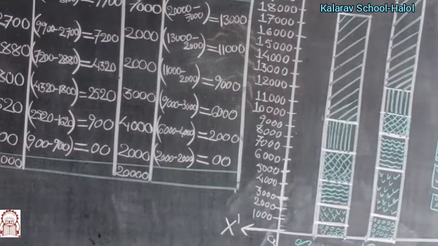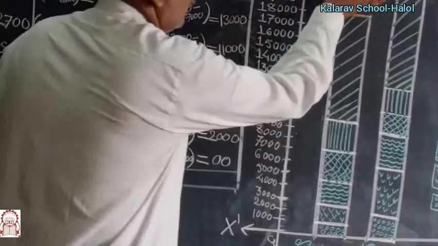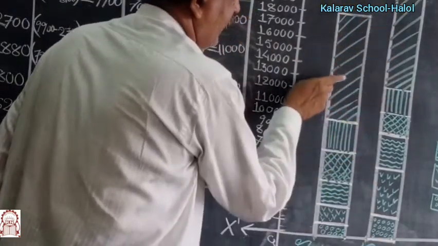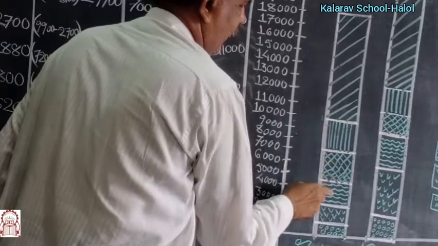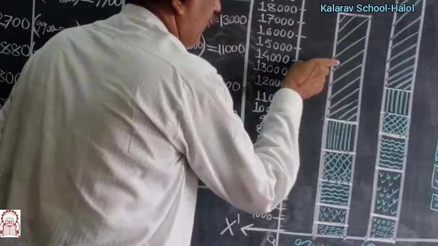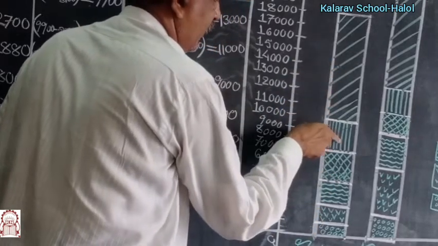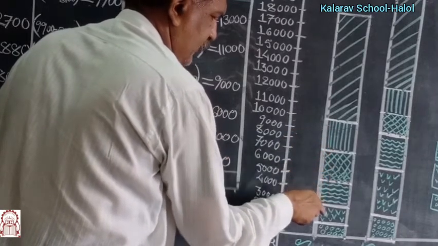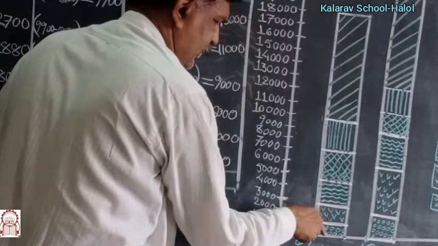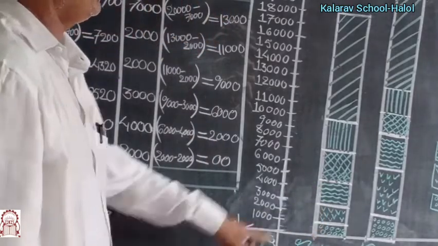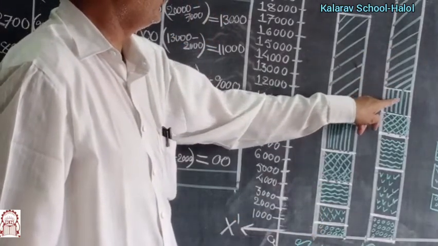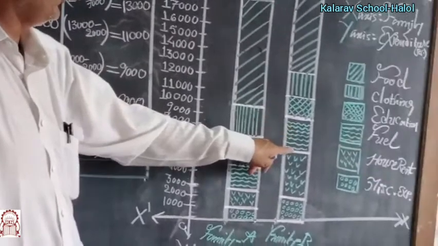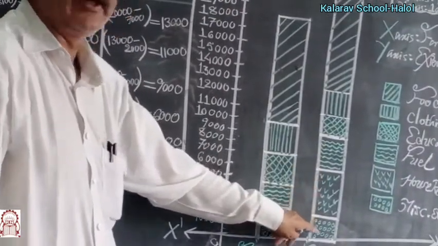To distinguish these columns, the parts are divided into 1, 2, 3, 4, 5, 6: expense for food, clothing, education, fuel, house rent, and miscellaneous.